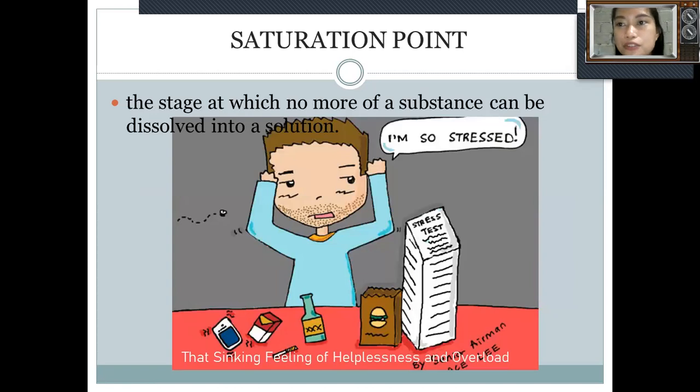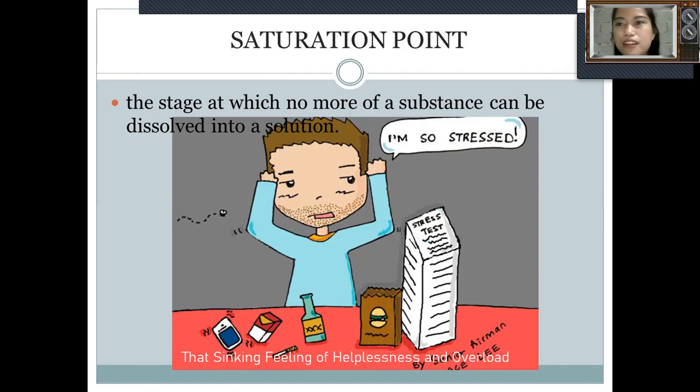What I was saying a while ago is the solution B. In solution B, we put half a teaspoon of sugar, repeat the procedure, until we notice the sugar settles down at the bottom of the glass. That is what we call the saturation point: the stage at which no more of the substance can be dissolved into a solution or the solvent.